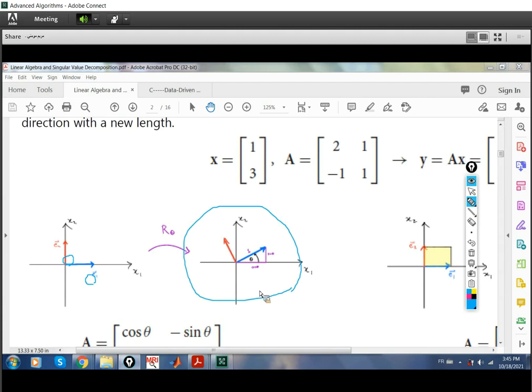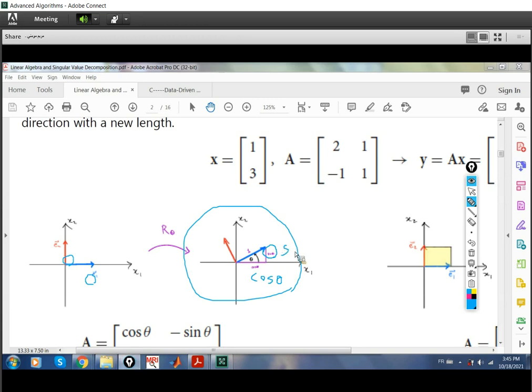After the rotation, the projection of this blue vector along the x direction is cosine theta, and along the y direction, or x2 direction here, or vertical direction, it's sine theta.